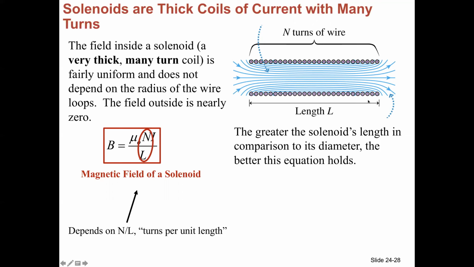So if you're given the length, or you're told how long this wrapped coil of wire is, chances are it means you use this formula, because you get this quantity, number of turns divided by L. So if they tell you how many turns of wire you have and the length, then you use the solenoid formula.